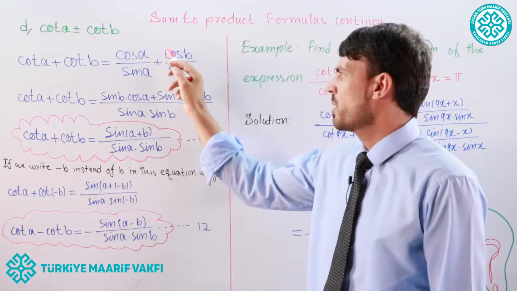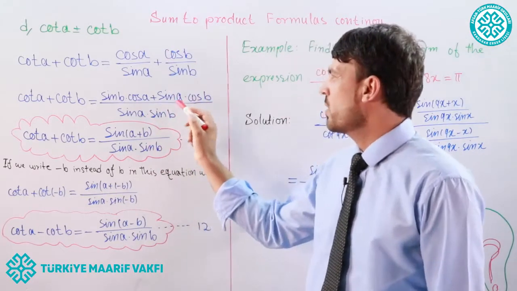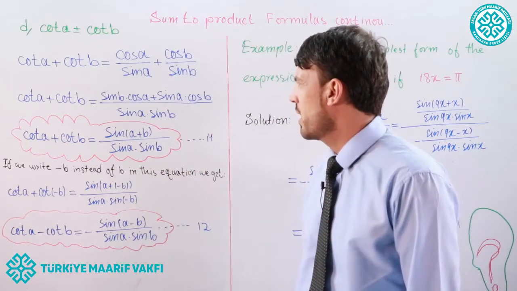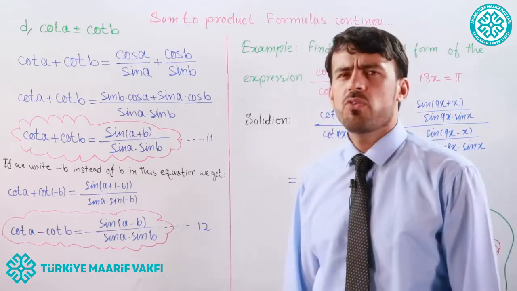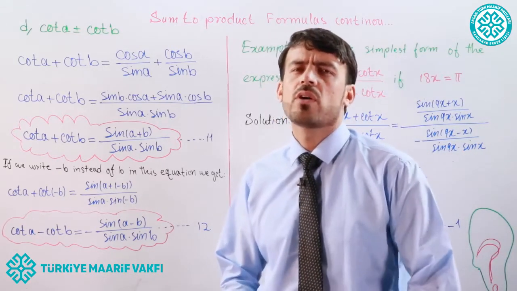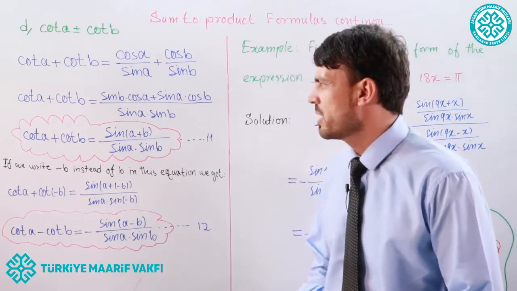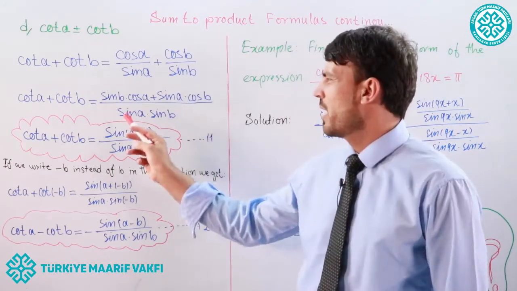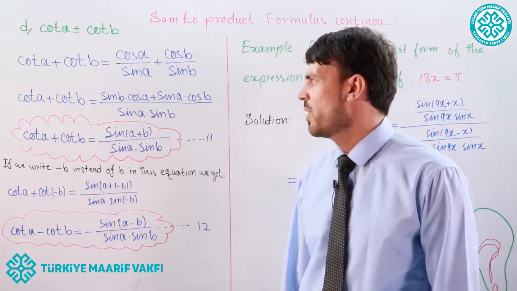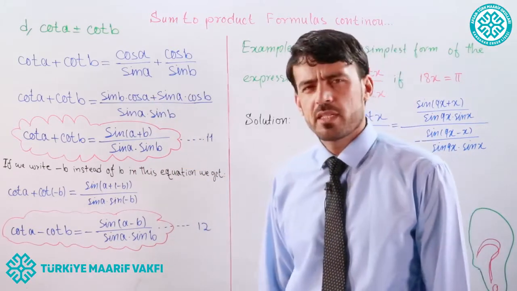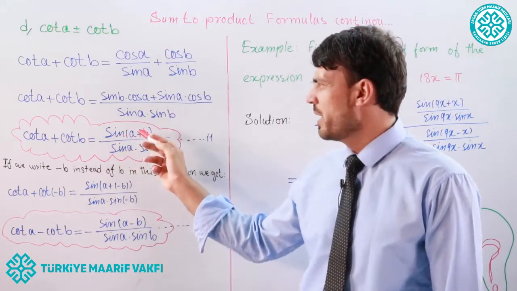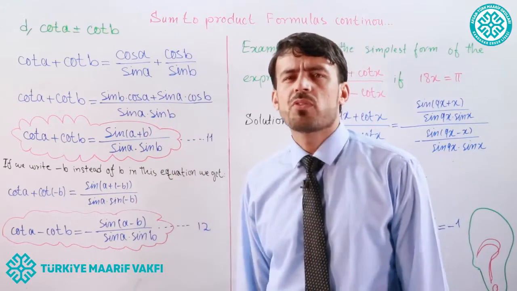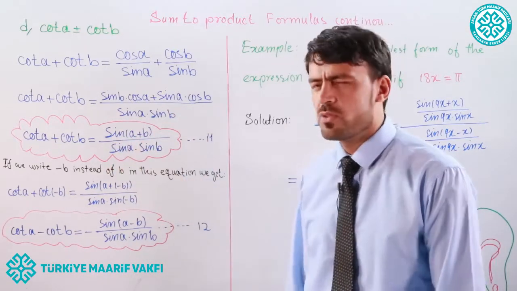Sine A will be multiplied to the numerator, and the numerator will be sine A cosine B. We know that sine B cosine A plus sine A cosine B is the expansion of the sine of a sum, and we can write sine A plus B instead of this expression, because sine A plus B is equal to sine B cosine A plus sine A cosine B. We can write both forms here, but we are writing this form of the formula.